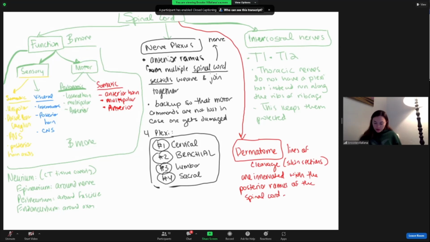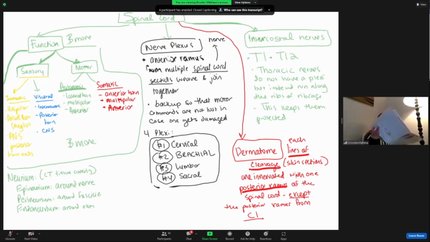So each line of cleavage would be innervated with one posterior ramus of the spinal cord, except the posterior ramus from C1. So for your test, you just want to know that the posterior ramus innervates the lines of cleavage except C1. Okay, it's not super complicated.